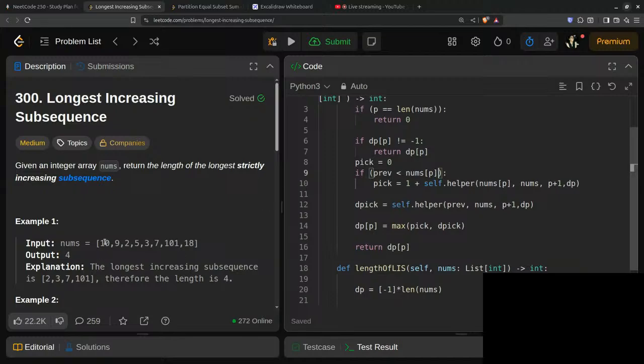We just get the value we got by including this element, right? So it's basically 10 and 101 is the subsequence it is returning. It never goes here because don't pick is here, and when it goes inside this condition it stops it from recalculating it. So that is the problem with this solution.